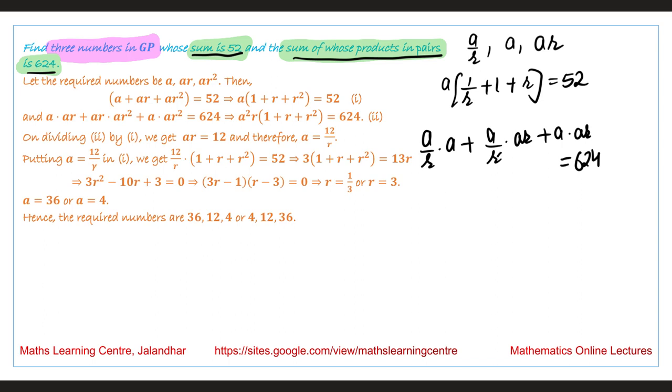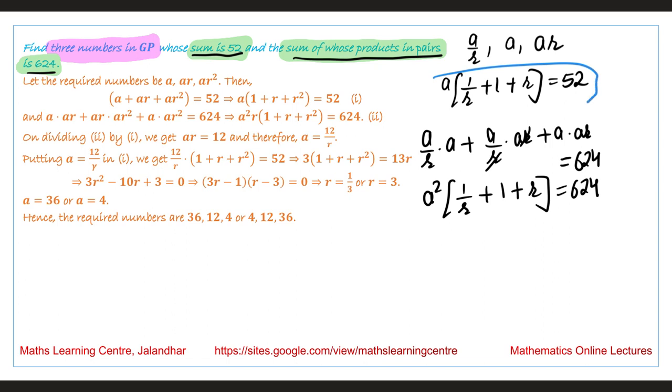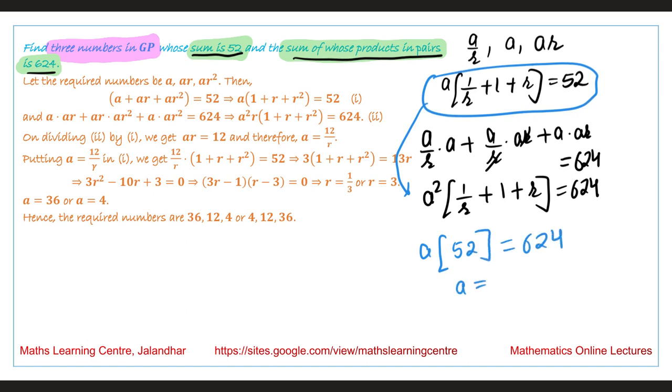So from all these terms, this r gets cancelled. We are left with a square into 1 by r plus 1 plus r is equal to 624. Now if we substitute this value in this equation, we will obtain a into 52, that is equal to 624. So this implies that a is equal to 12.